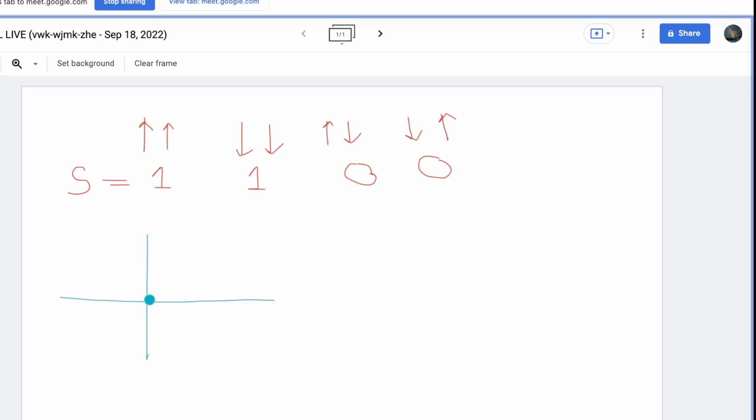Here I am denoting the spin angular momentum for each of the two electrons. If both have ms equal to plus half, the vectors are arranged like this, which is for S equal to 1.